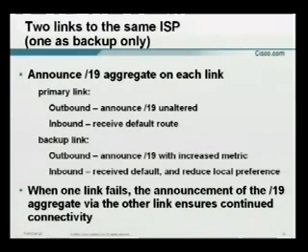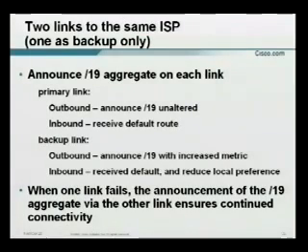Inbound, we receive the default route on the primary path, and on the backup path, we receive a default route again, but we reduce the local preference. Remember, highest local preference wins. So if the default local preference is 100, you get 100 on the primary link, and in the backup link, say your local preference might be 50. So that makes it the backup path.